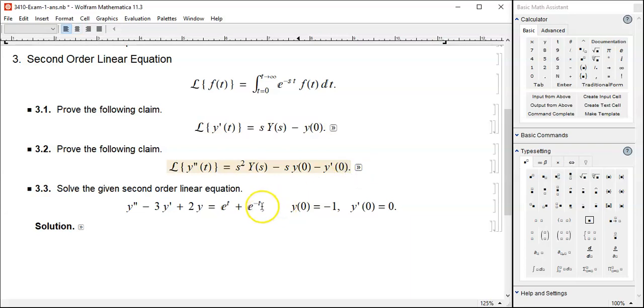Okay, now that we have this formula and that formula, let us apply those two formulas to solve this second-order linear equation, a non-homogeneous second-order linear equation. If you don't use Laplace transform and use some other method, like the method of characteristic equation and undetermined coefficients, that's fine.